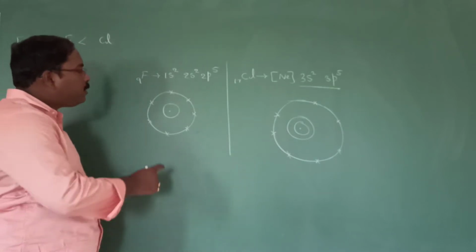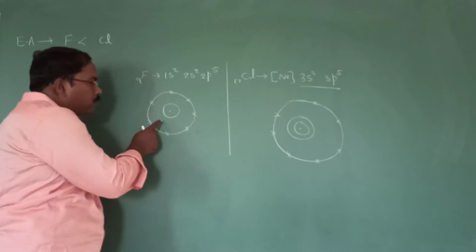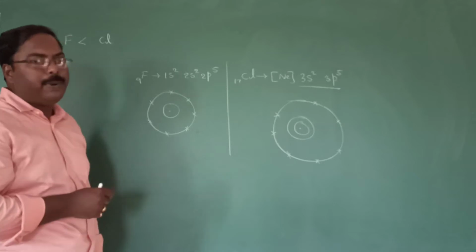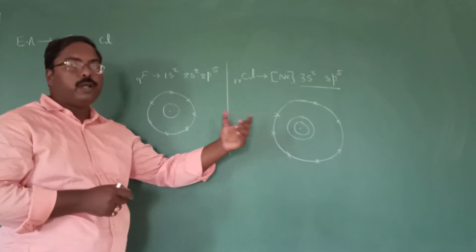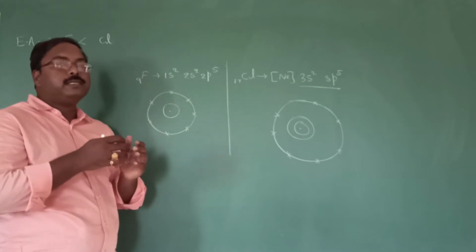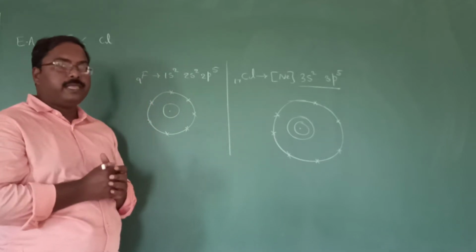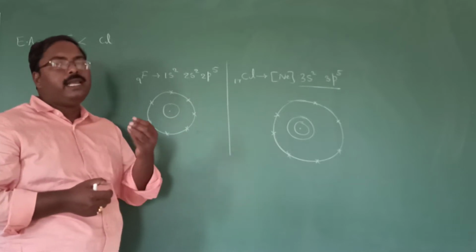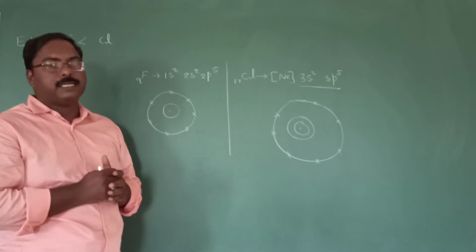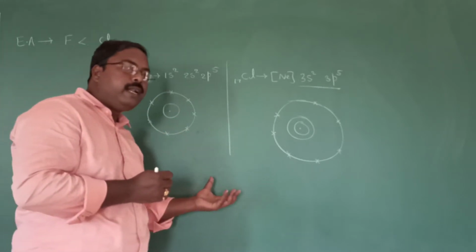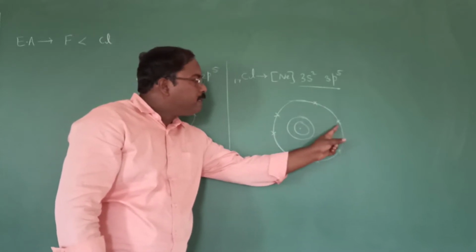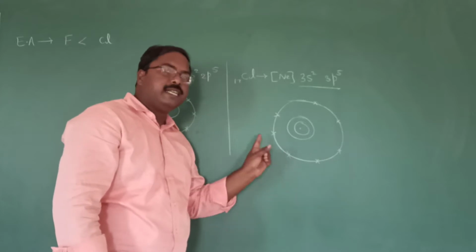Now observe the fluorine diagram. In fluorine, all 7 electrons are present in a small orbit, compared to the chlorine atom. When the electron cloud is very close, what happens? There will be repulsions between the electrons, because every electron carries a negative charge, and between like charges there are repulsions. In both fluorine and chlorine there will be repulsions between the electrons in the orbit.